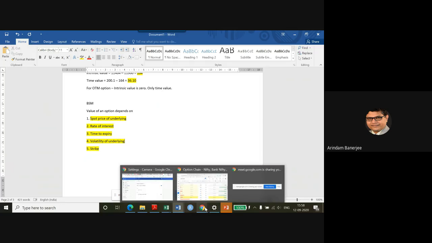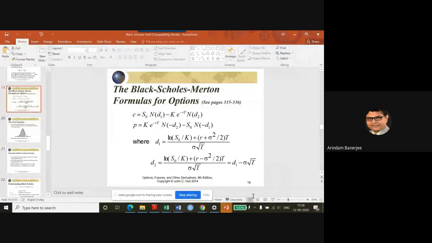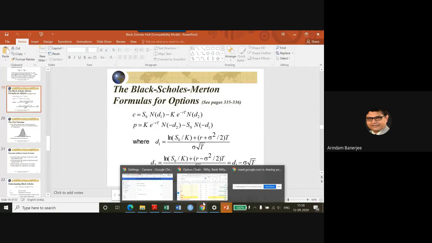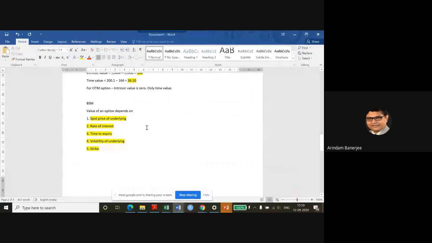Now, if I look at this formula, and if I take this call price from the market, for example, suppose I am considering this option, the 11,300 strike call, then my spot price, how much is it? I can take it from here, 11,464. I can take it from the market.